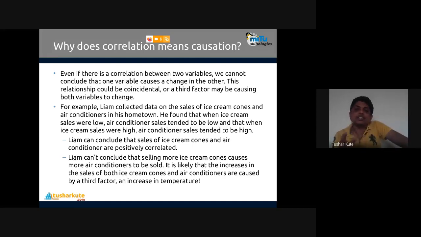And that factor is temperature. Remember, because of the temperature rise, ice cream sales and air conditioner sales are increasing. The third factor is there, this is temperature.